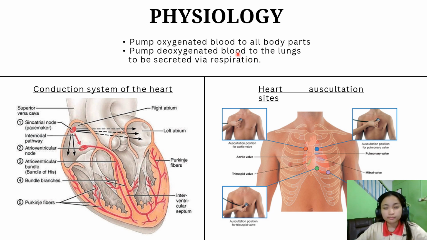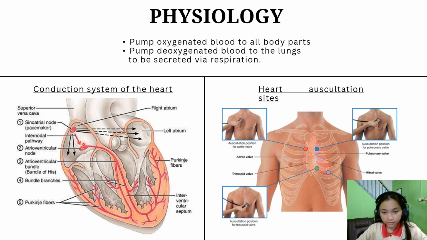But what makes the heart beat? So, there is a system inside of our heart known as the conduction system of the heart. The heart's conduction system controls its rhythmic contractions. It starts with the SA node, or our natural pacemaker inside our body, generating impulses. These signals travel through the atria, stimulating contractions.